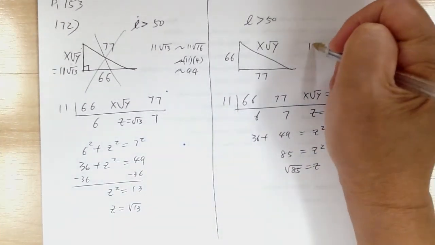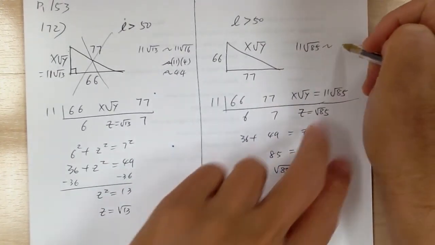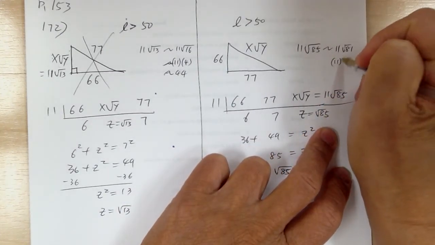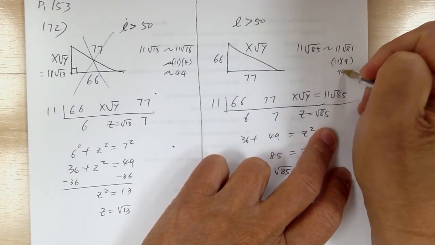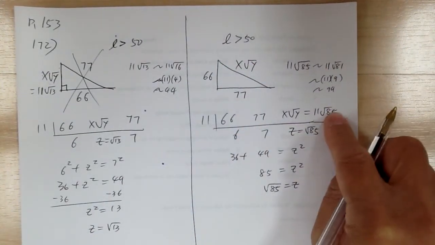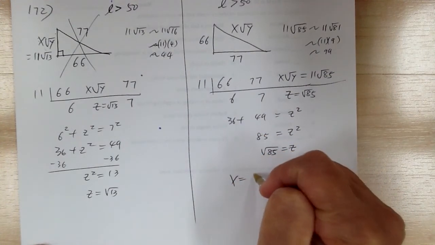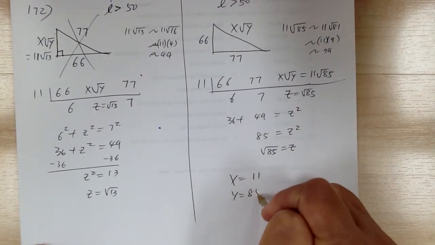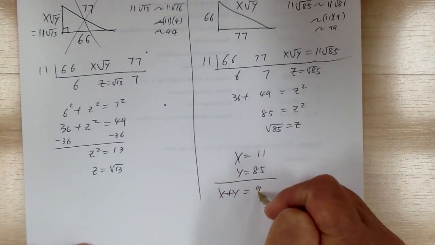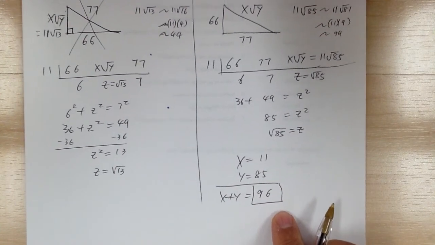Well, 11 square root of 85 is a little bit greater than 11 square root of 81. So about 11 times 9, which gives you about 99. So this is greater than 50, so this checks. So x equals 11, y equals 85. So x plus y will give you 96, and that's your answer.